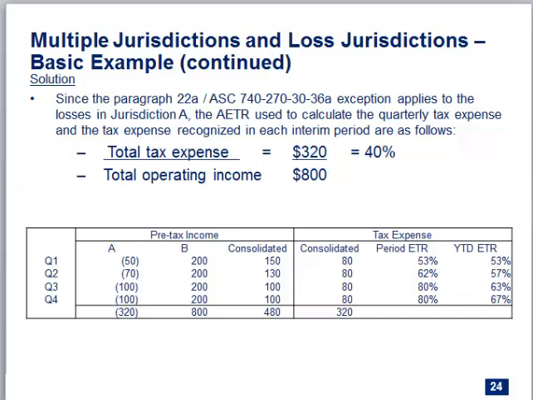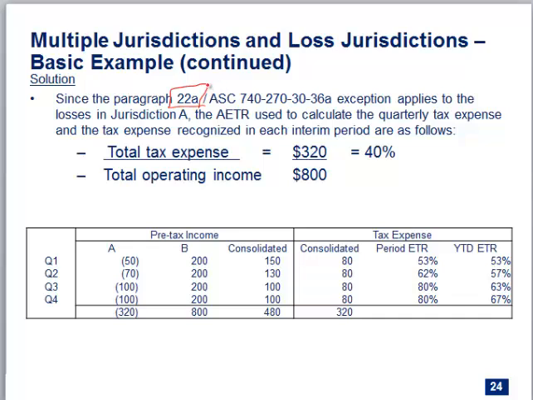Okay. So here, and this is the cite to the rule, so this is our solution. When you calculate your AETR, remember I said you do your provision in two pieces, right? Kind of that ordinary income piece and the discrete item piece. When you calculate the ordinary income piece, you need to keep this paragraph in mind.